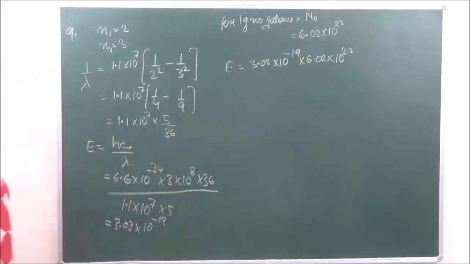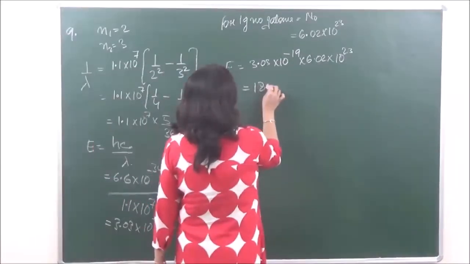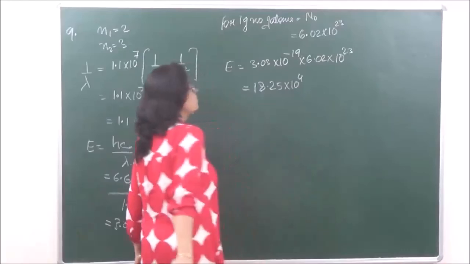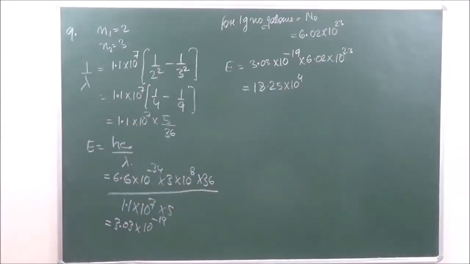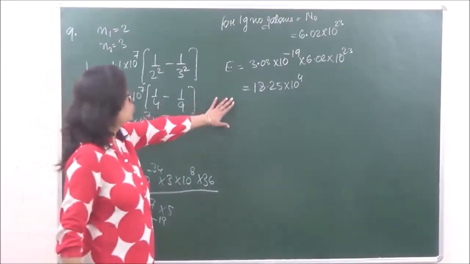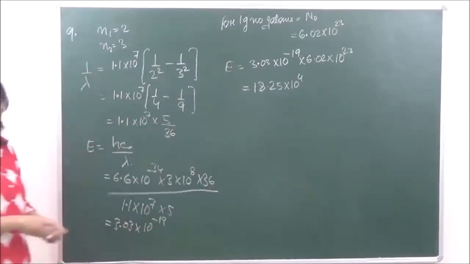This is the energy for 1 gram. And when calculated, it comes to 18.25 into 10 raised to power 4. Okay? This is joules per atom, or sorry, joules only, not per atom, joules. Have you understood? Okay, then the last question.